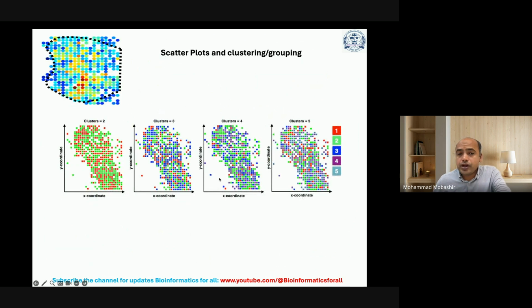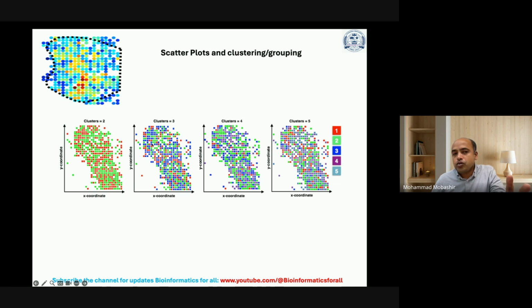Then this is one of the ways which I generated for a diagnostic purpose. You can look at how these scatter plots help you define different colors. Here, two clusters, which means two types of data are present. Three clusters, three different data are present.